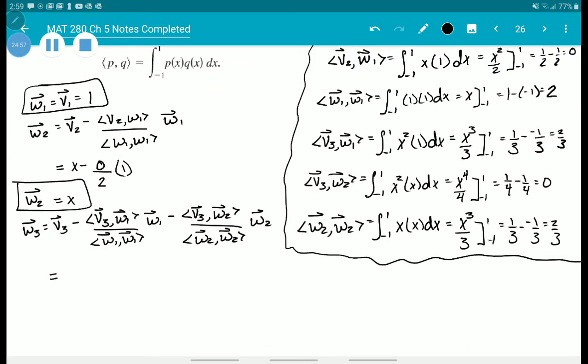So we have V3 minus the inner product of V3 and W1, that's 2/3, over the inner product of W1 with W1, which was 2, times W1, which was 1, minus V3 with W2, which was 0. So that's going to be nice. W2 is x. So this is going to reduce to x squared minus 1/2. Just kidding, minus 1/3. 2/3 divided by 2 is going to give you 1/3.